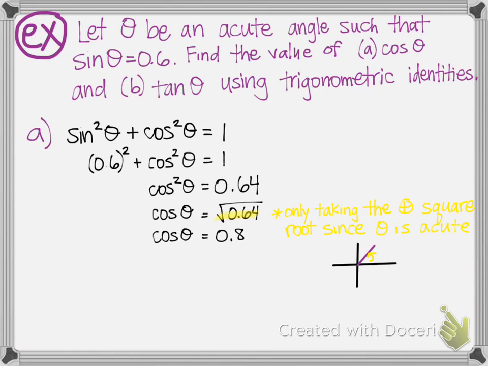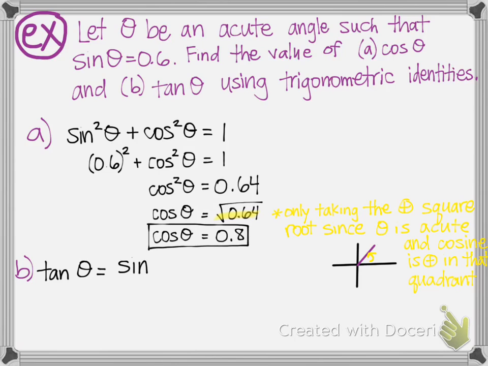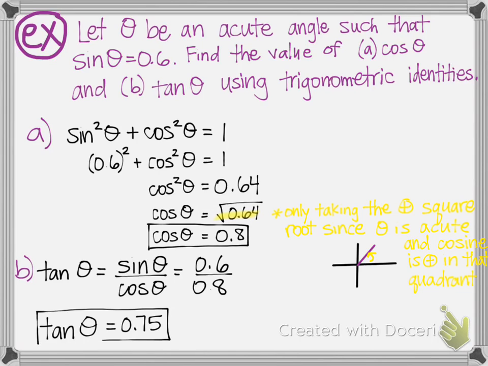That's why I only want the positive value of the cosine. So there's my answer. If I want to find the tangent, remember tangent is sine theta over cosine theta. So I can just divide the values I have, and I would get 0.75.